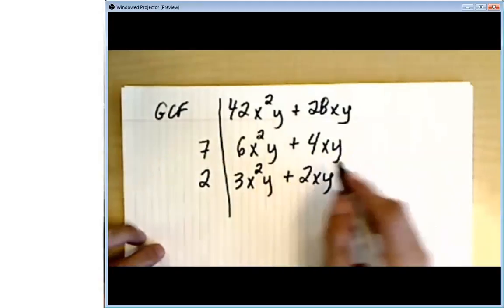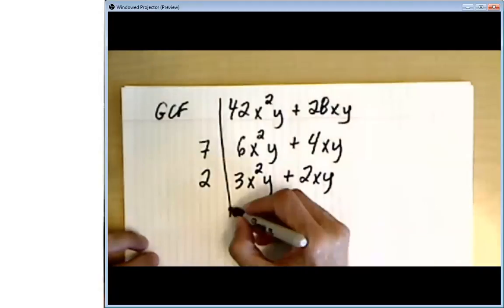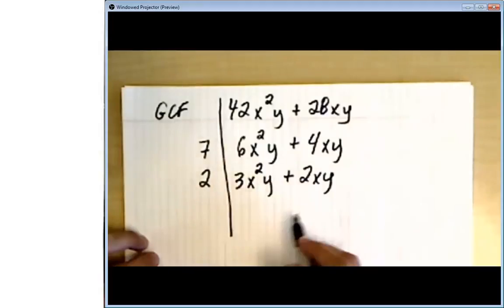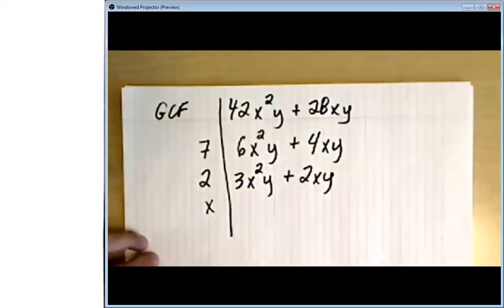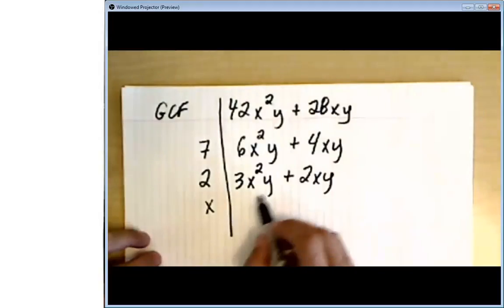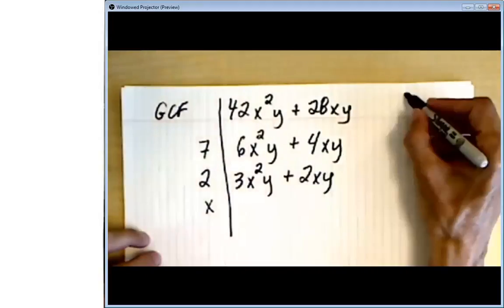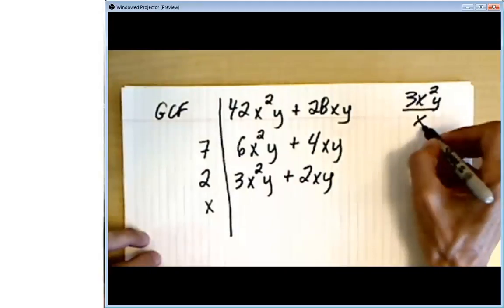Nice, just like that. That looks good. Now the numbers are done. We can start looking at the letters. So x can come out. And now we divide. This is what we were working on yesterday. So what happens next? I'm going to do this one off to the side because of some work we were doing yesterday. 3x squared y over x. What do we get?